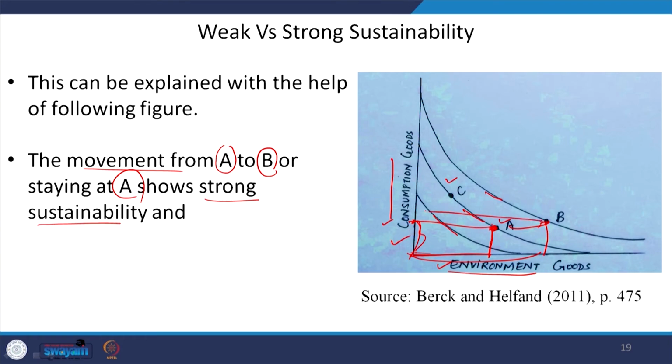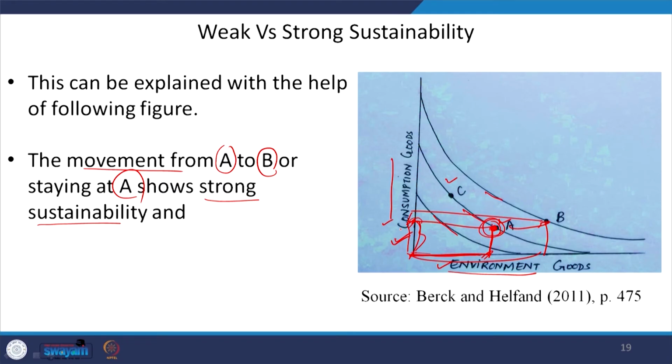That is why when the consumer is moving from A to B, it is a case of strong sustainability. And even if the consumer is maintaining his position by staying at A, not moving anywhere like C, then also it is understood as a case of strong sustainability, because he is maintaining the same level of consumption of the environmental goods as well as the other marketable goods.